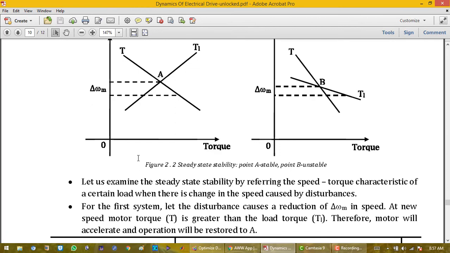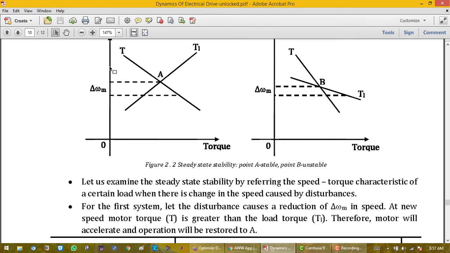The motor will accelerate and it will go back to point A. So although the disturbance shifted the point from A to some other point, as motor torque is greater than load torque, it will restore its operation to A.